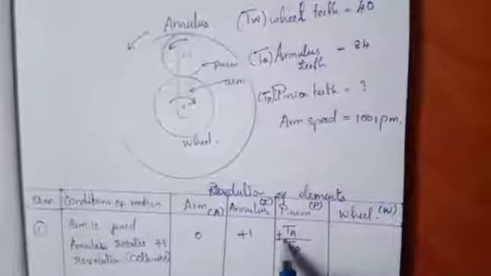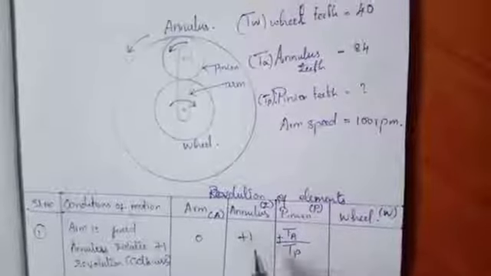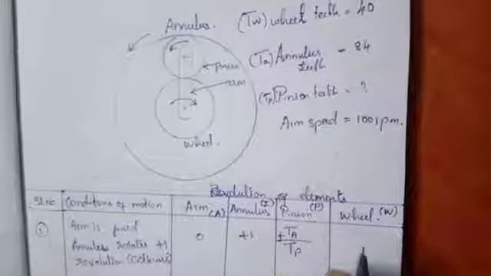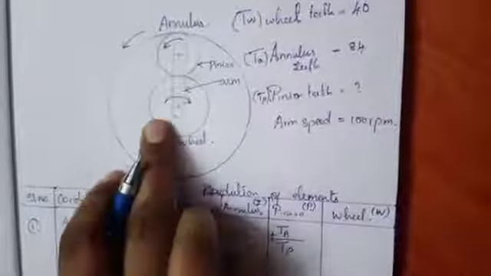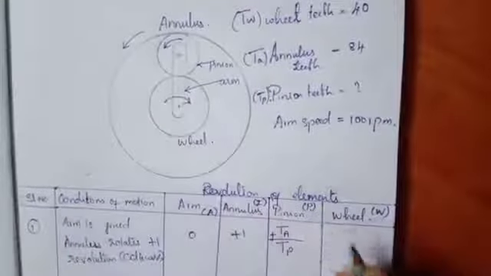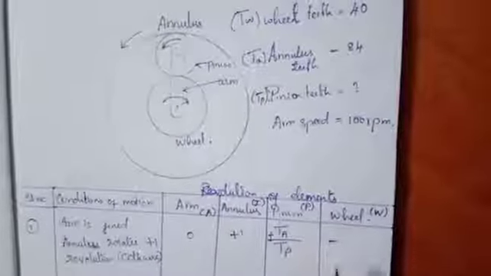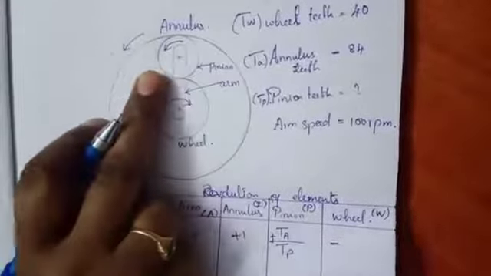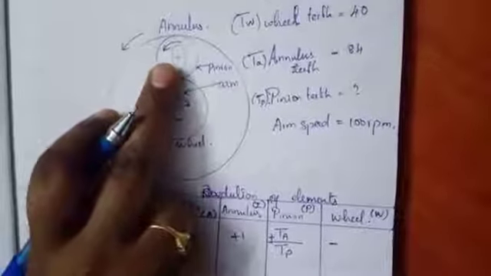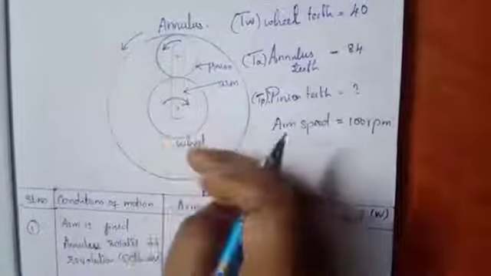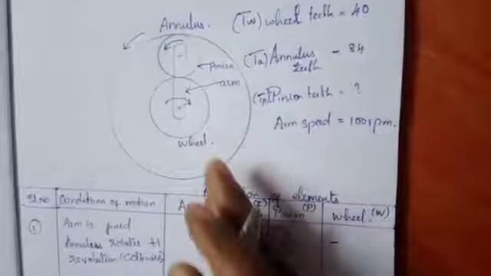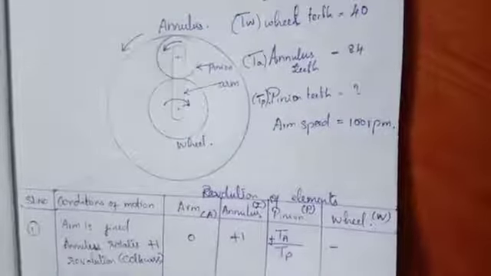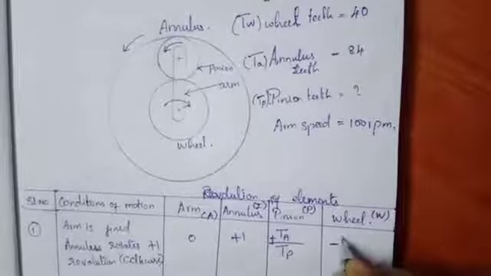The plus symbol indicates the rotation of the gear, whether clockwise or anti-clockwise. Now for the wheel, it moves clockwise. Clockwise means minus, and TP, that is the teeth on the driver; the driver is the pinion and the driven is your wheel. Before going to that, where the power is getting started, that also you have to add.